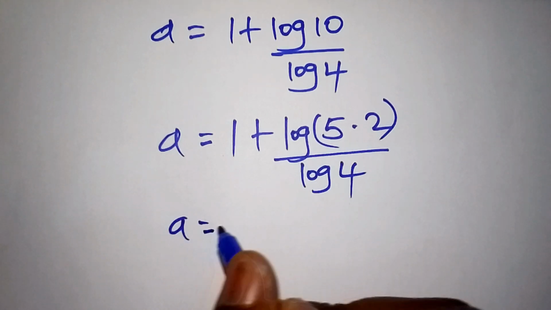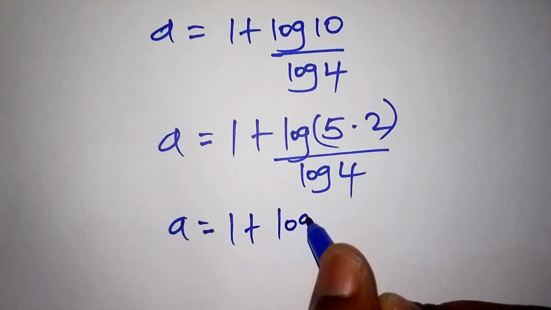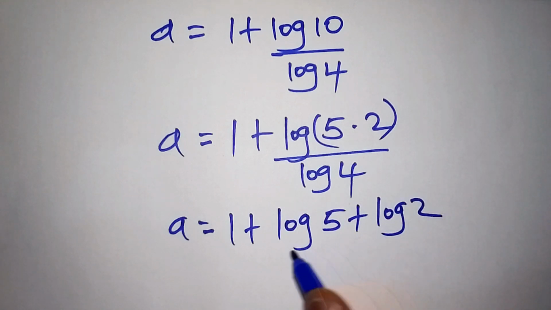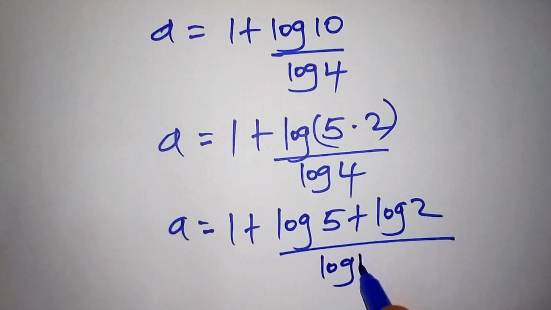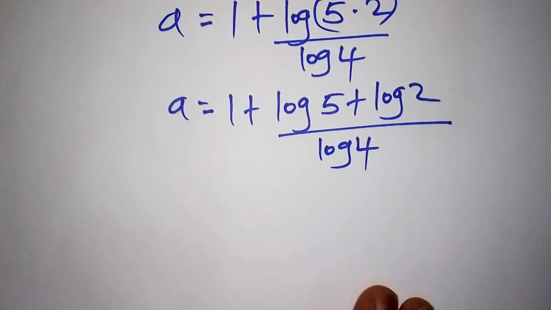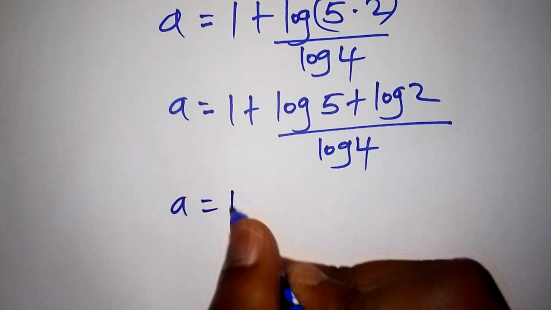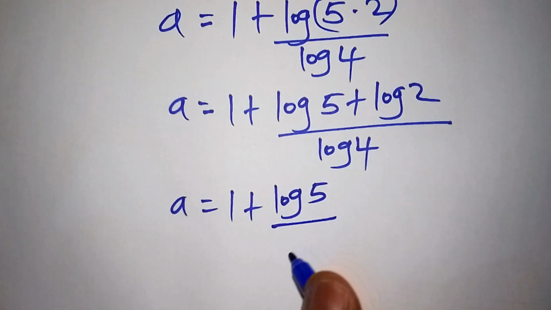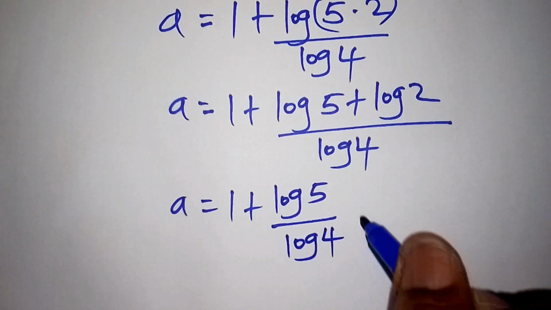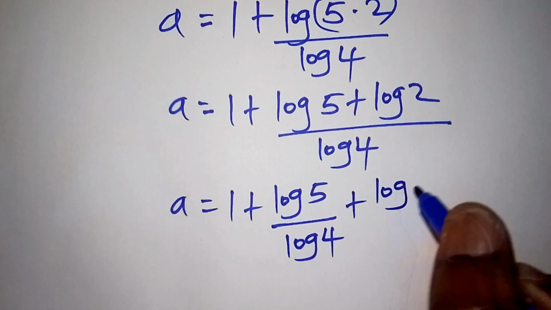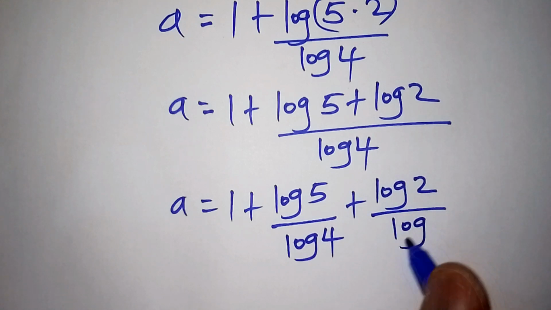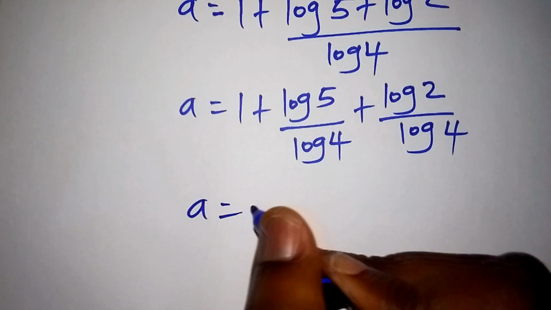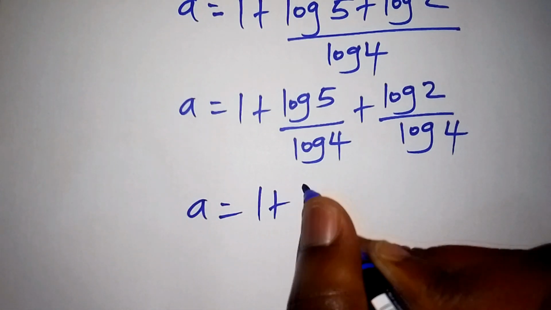So a equals 1 plus the log of 5 plus the log of 2, all over the log of 4. Dividing each term by the log of 4, a equals 1 plus the log of 5 over the log of 4 plus the log of 2 over the log of 4.